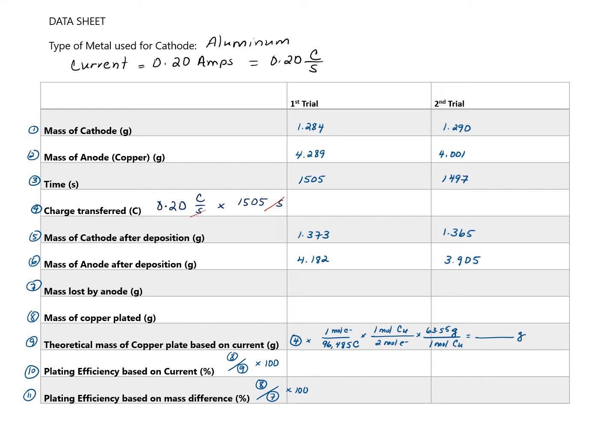So we can calculate how much the mass of the copper is decreasing, just the difference between your two numbers.